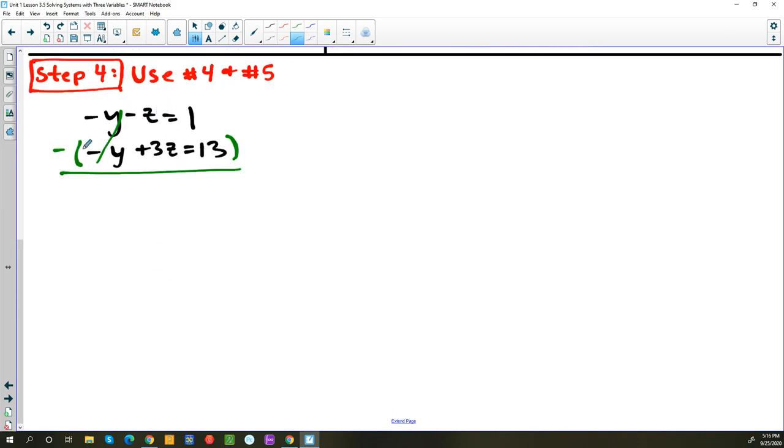I have negative z minus 3z, which means I have negative 4z. And I have 1 minus 13, which gets me a negative 12. So then divide by negative 4, divide by negative 4. So that means that we get z is equal to 3.